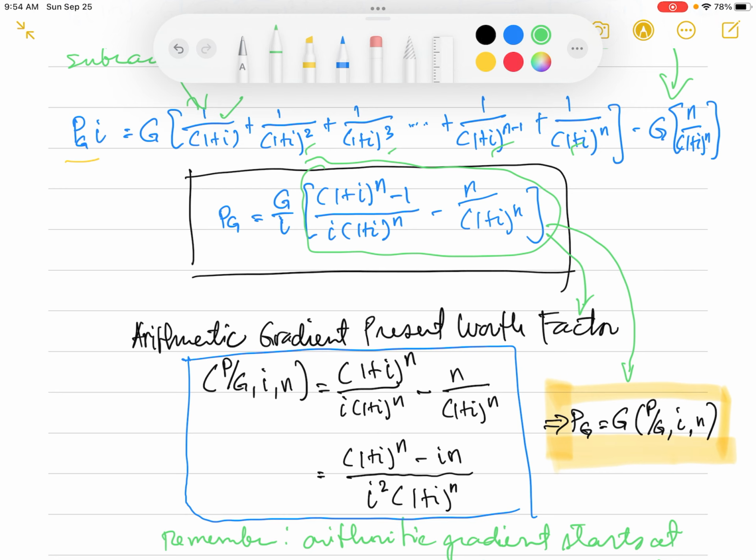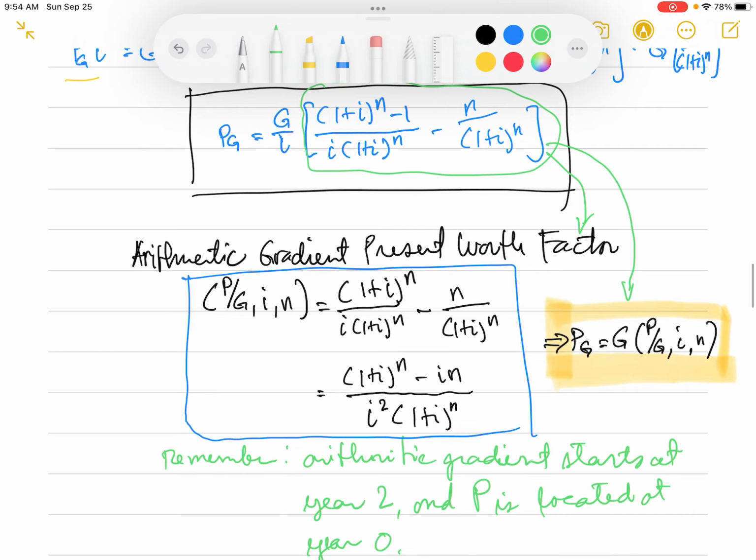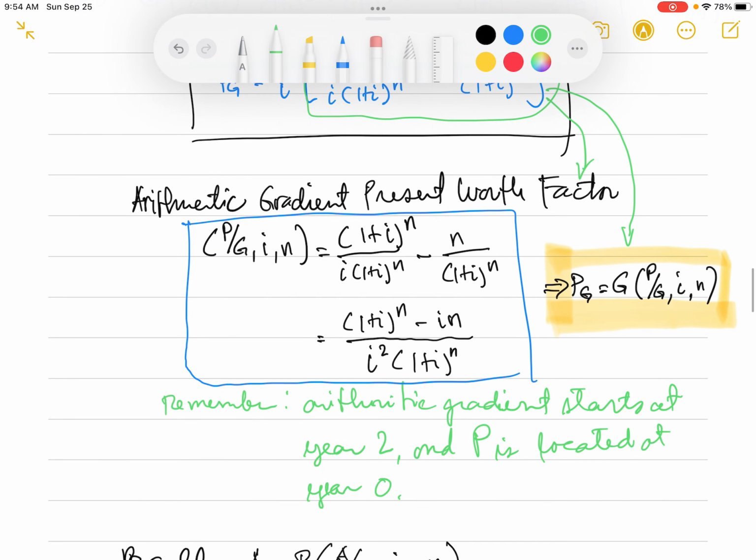You will have a table for common interest rates, but if the interest rate you're using doesn't show in the table, then you have to use the formula, the complete formula. And so that's the arithmetic gradient present worth factor.